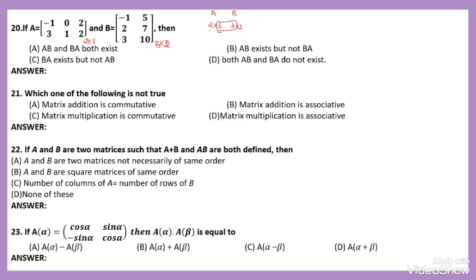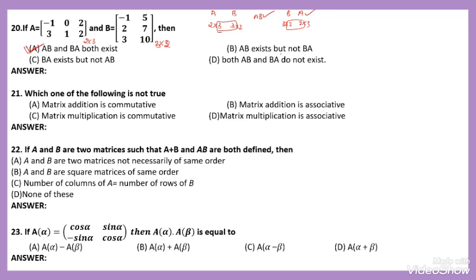This is possible, so AB must be possible. Similarly for BA, the order of B is 3 cross 2 and A is 2 cross 3. This is also possible. AB and BA both exist. The option number A is correct.